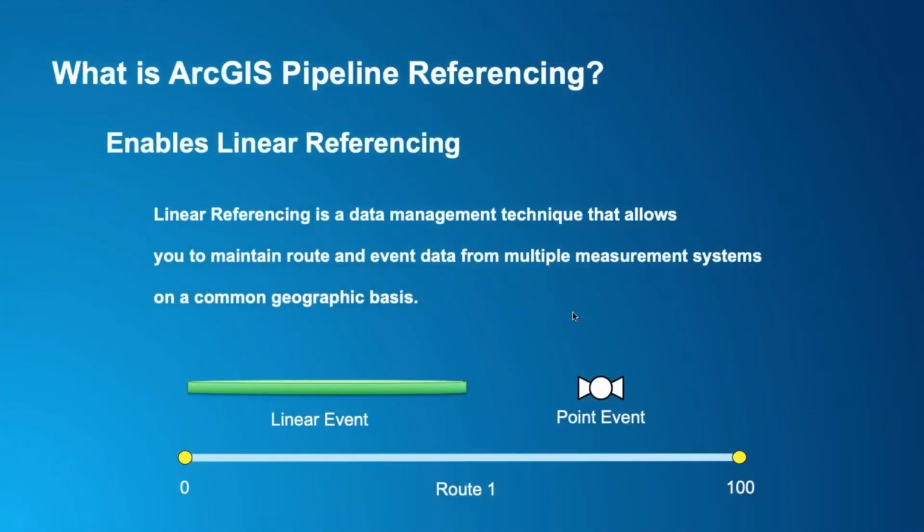And so just to set the stage here, when we talk about linear referencing, we're really talking about enabling point and linear events to reside on top of a measured route. And typically, not always, but typically, those measurements represent the amount of steel that's in the ground, the measurements along that pipeline.